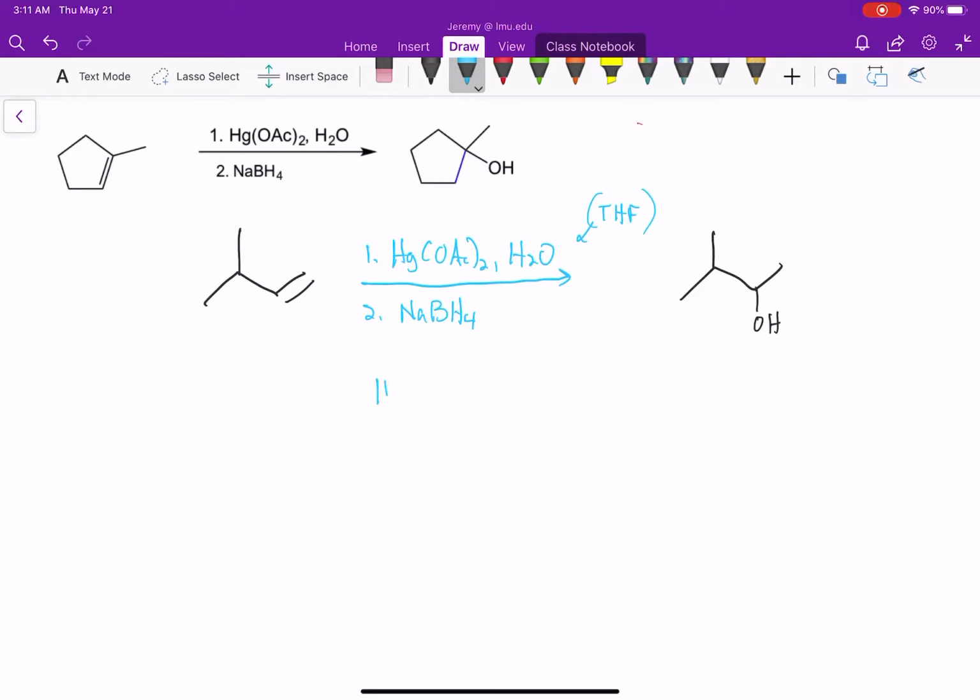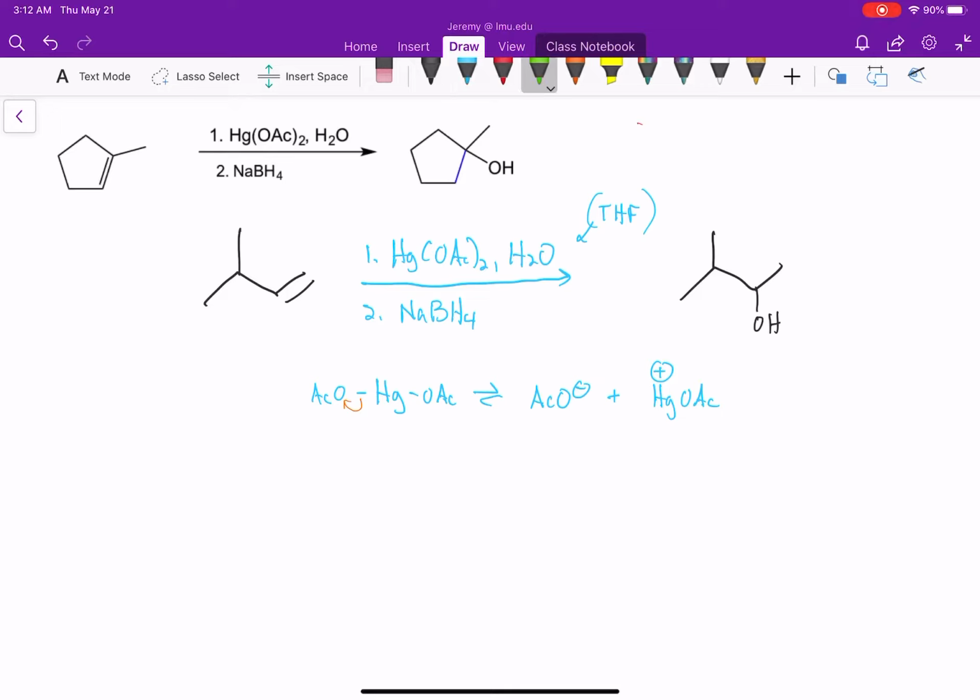The first thing we're going to see is that when you have HgOAc2, this is an equilibrium where one of these AcOs falls off, right? So you can basically break this mercury acetate bond to get an AcO minus plus an HgOAc plus, all right? So that mercury now has a plus charge, right?